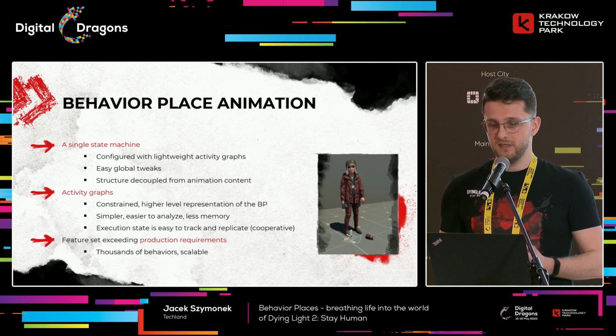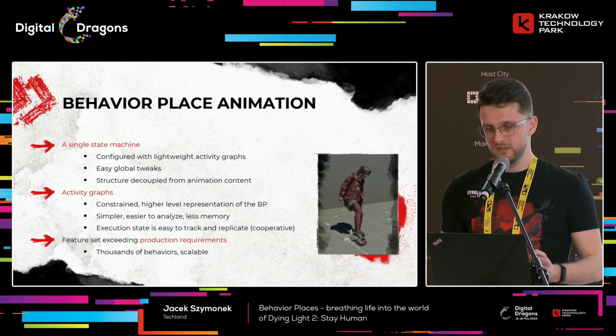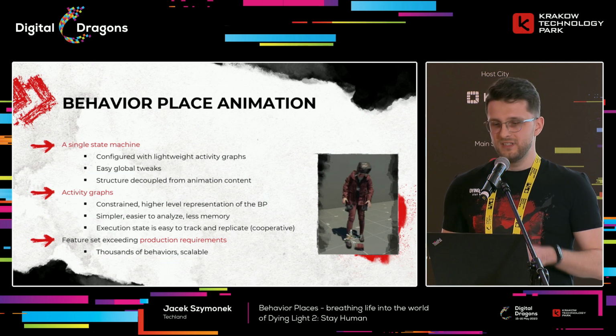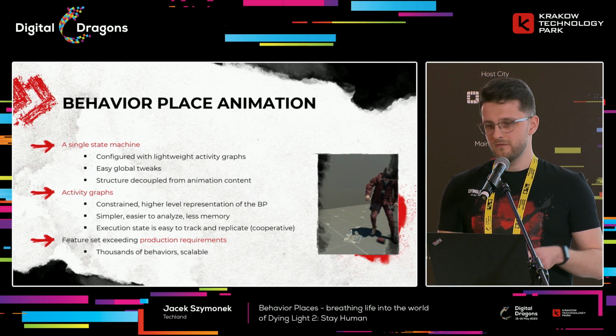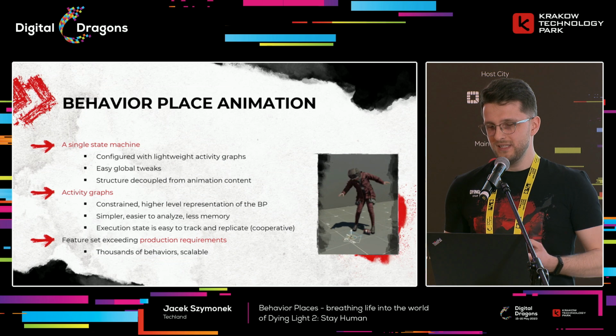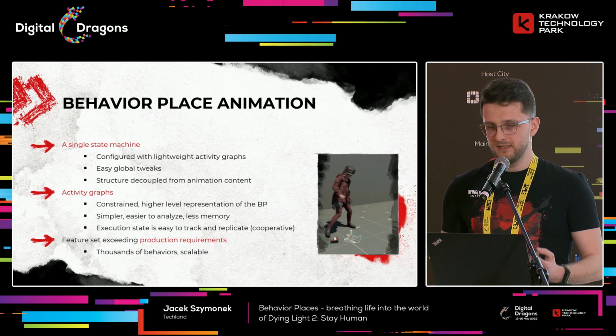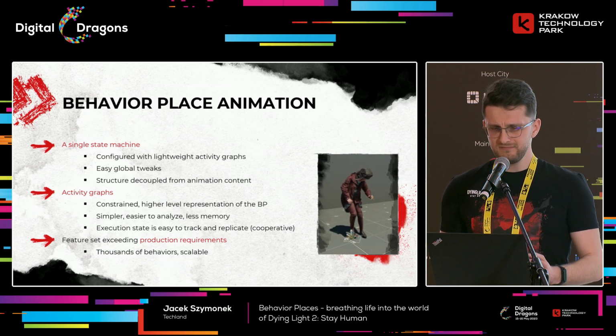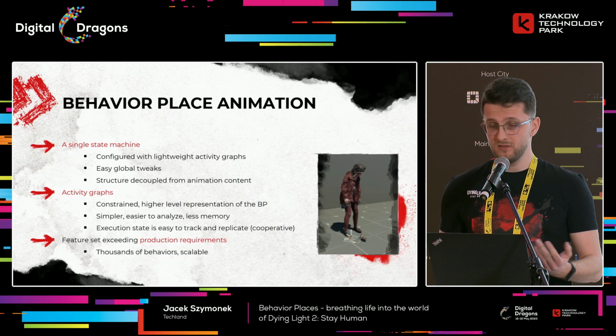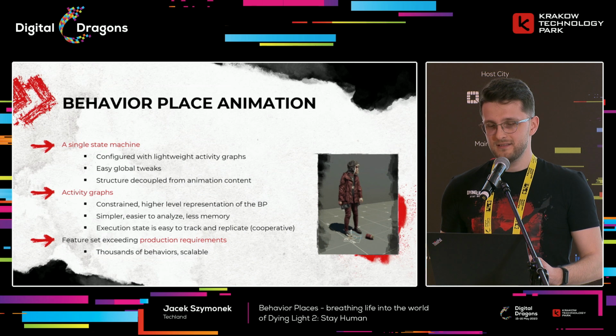Also, traversing a common simple structure is easier to track and replicate to other network peers. We've also managed to decouple the behavior structure from the content, which made it easier to collaborate and create new assets. During production, we've created thousands of activity graphs, which gave us the variety and the scalability that we were looking for.